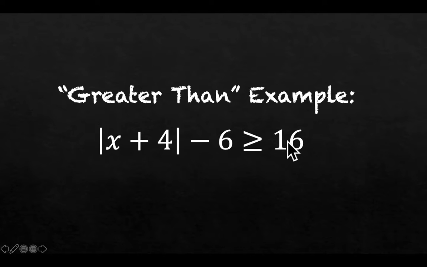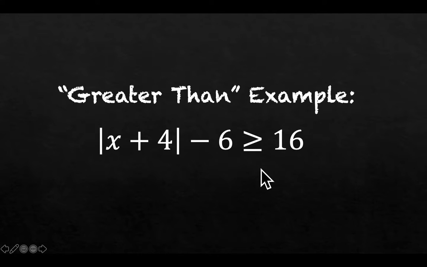All right, so the next example we're going to do is a greater than example. So in this example, we have the absolute value of x plus 4, minus 6, is greater than or equal to 16. Now remember, in greater than examples, this could be greater than or equal to, as we have here.